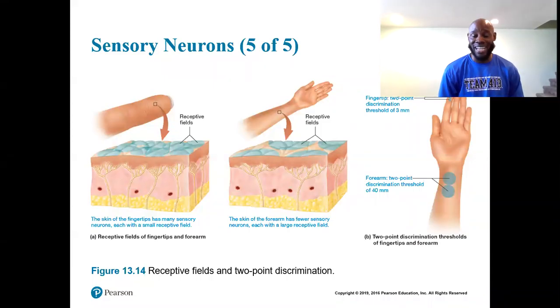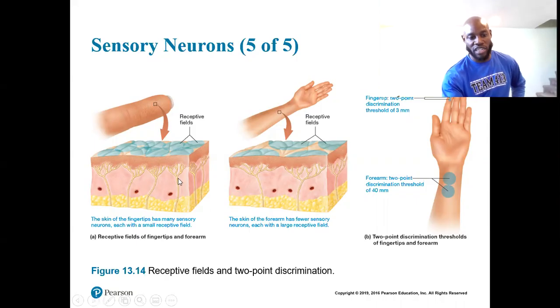Our bodies are designed to touch, right? So hopefully you see that here, and how we have more free nerve endings, more sensory receptors in our fingertips. We're designed to touch things with our hands.